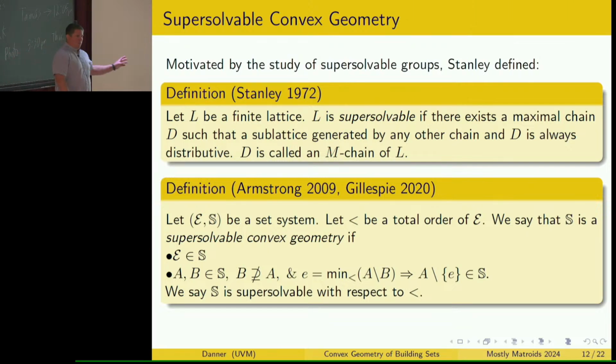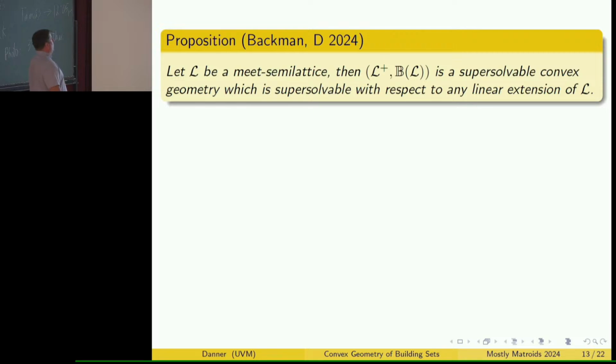So a supersolvable convex geometry is a convex geometry, but instead of just there existing an element, you look at the minimum one. Whenever you have the minimal element that's in A and not in B, you can remove that element, so not just there exists this specific one, this minimal. If you remove it from A, you're back in the closure system. Okay, so it's closed under doing this.